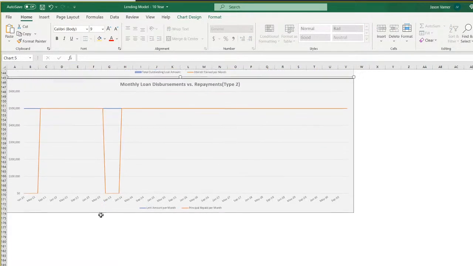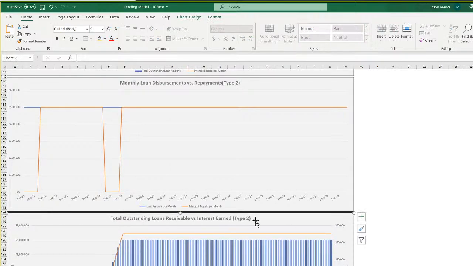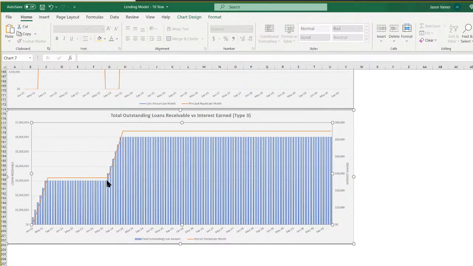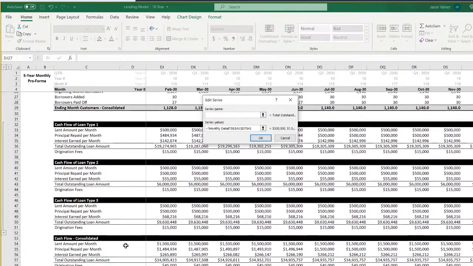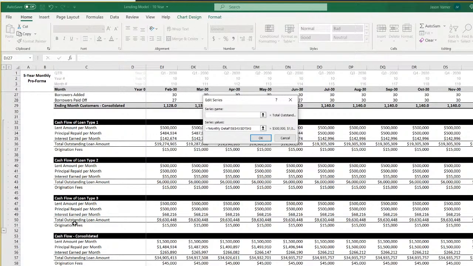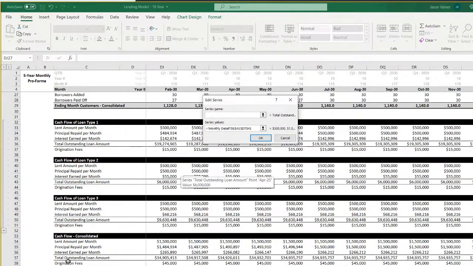Let's do our third type, and then I'm going to do a consolidated as well, and then we'll go to maybe loan counts and go from there. So we got loan type 3. We're doing outstanding loan amount first, okay?